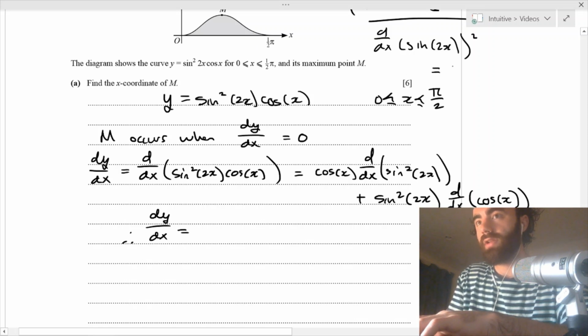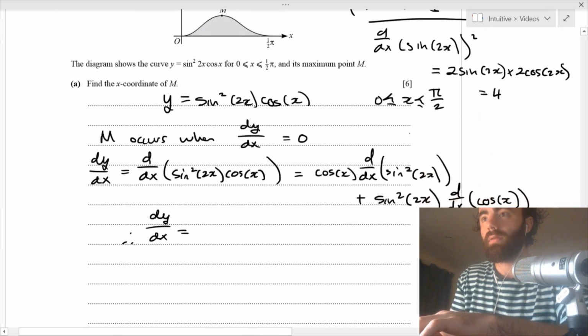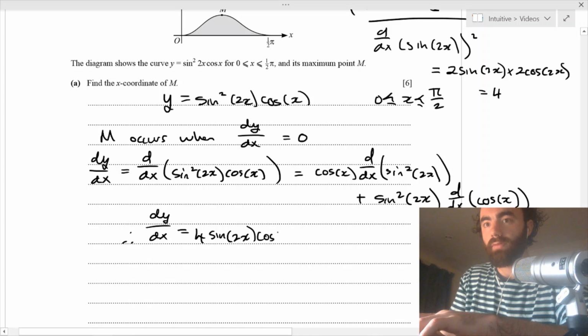This differentiated will go to 2 sine of 2x multiplied by this inner part differentiated. Sine goes to cos, so this would be times 2 cos of 2x. So this goes to 4 of sine of 2x times cos of 2x. Okay, this is 6 marks.